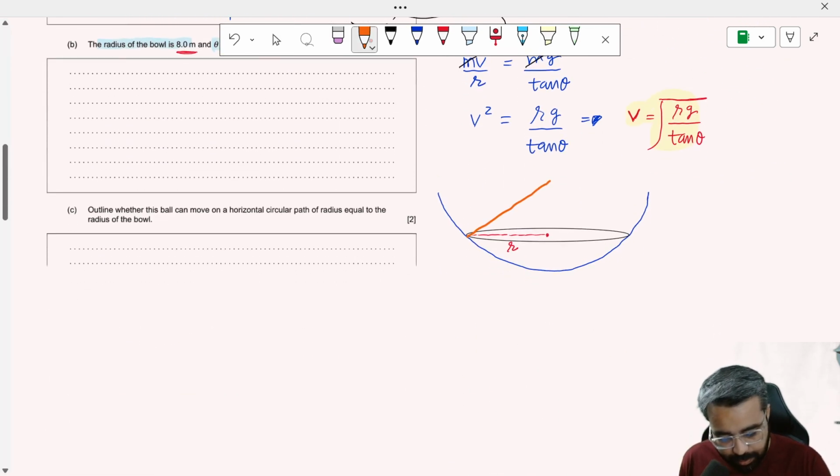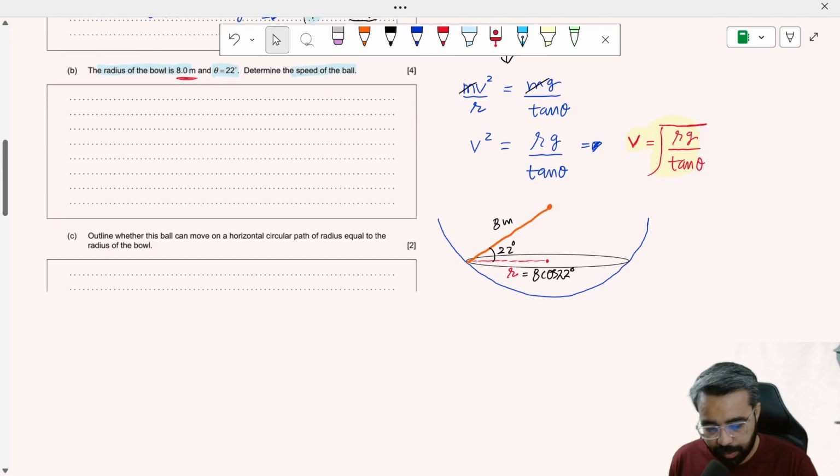So this distance is 8 meters, angle is 22 degrees. If you want to find the radius, it equals 8 cos 22 degrees. Now if you plug in the values, it will give you the correct answer.